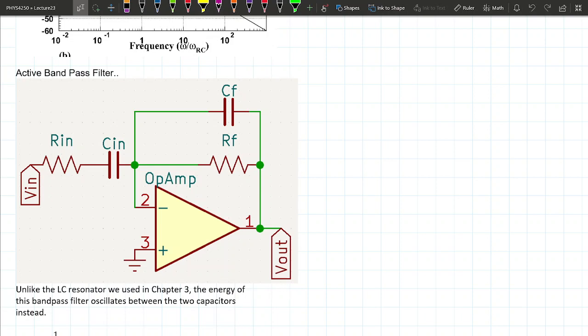If you ignore this part, this is a high pass filter. We just derived that. If you don't look at this part, this is a low pass filter. So this is a combination of a high pass filter and a low pass filter, and when you do both, you get a band pass filter.